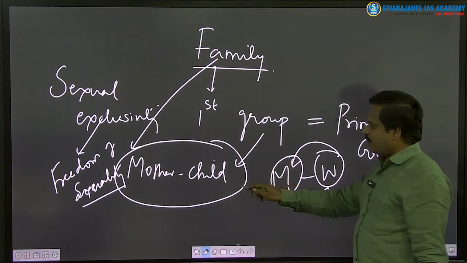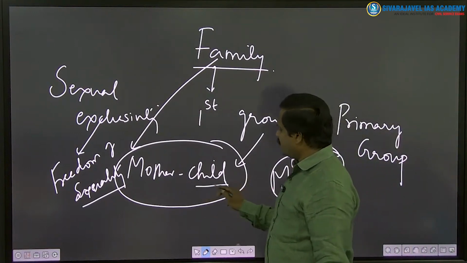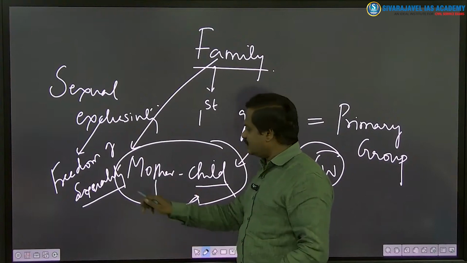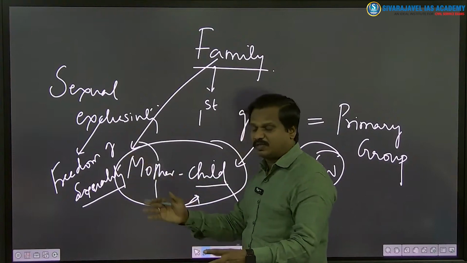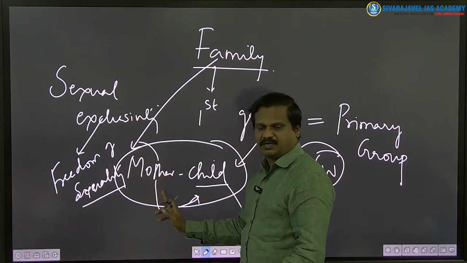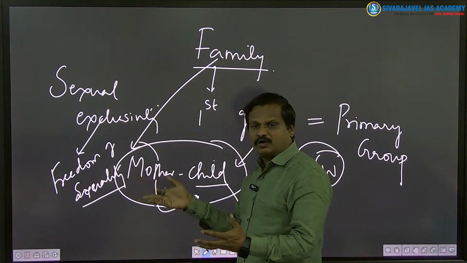So a child is born because of that. The mother of the child is known because it is the mother who delivers the baby. But who fathered the child is not known because there are many male sexual partners for this woman. So paternity or fatherhood cannot be identified.